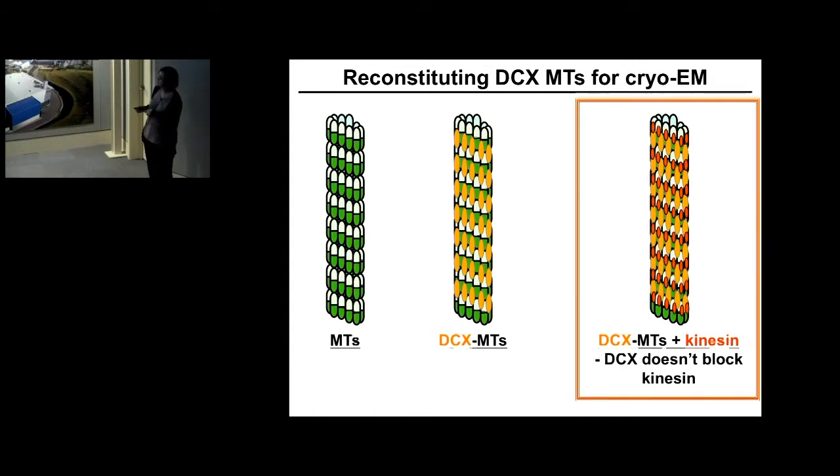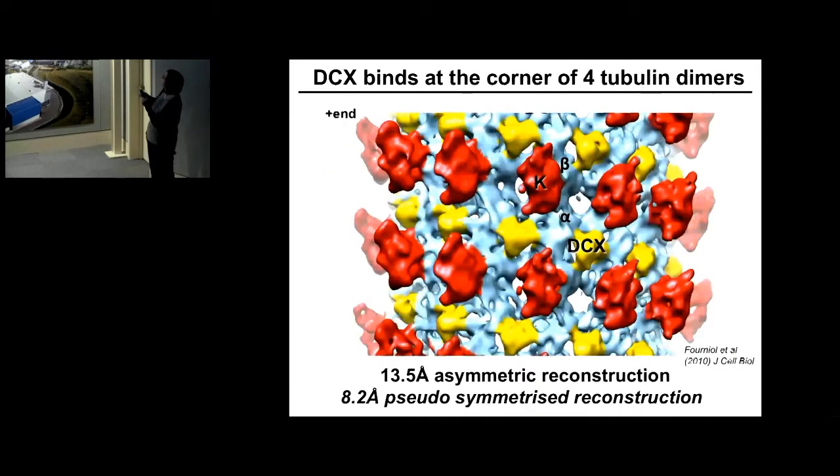So this was our original sample that we used for structure determination, and this is now seeming to be quite a historic, or artifactual, structure of the 13-protofilament microtubule stabilized by Doublecortin in the presence of kinesin. Let me just introduce you to the structure itself. The wall of the microtubule is in blue.